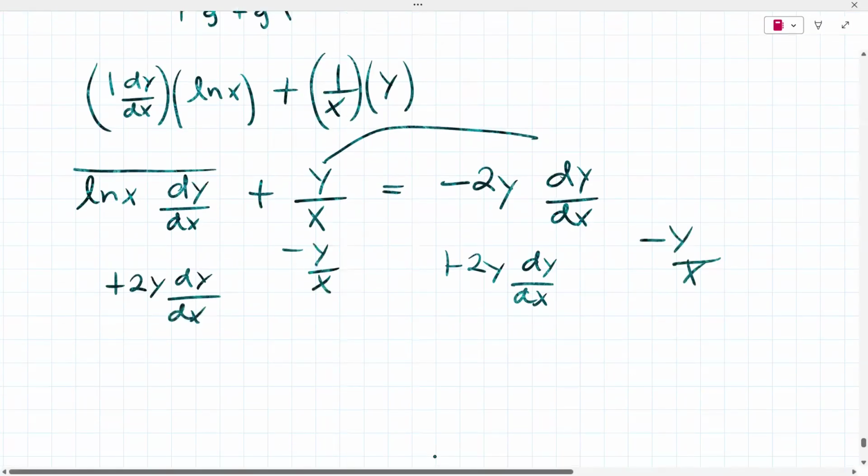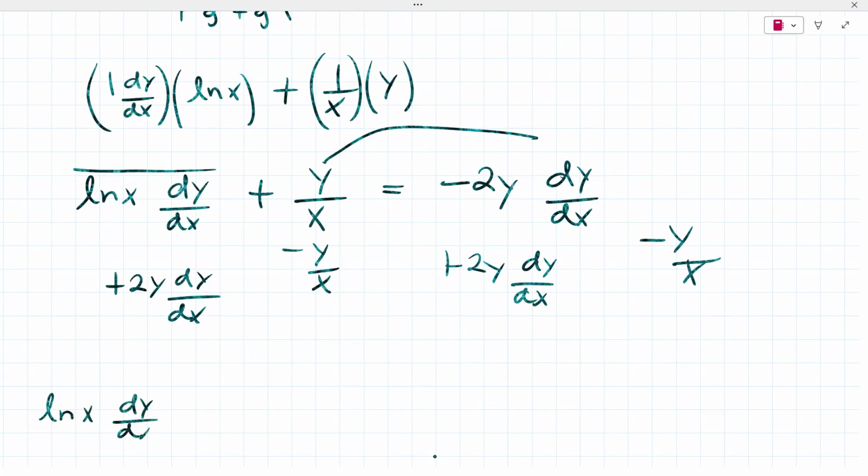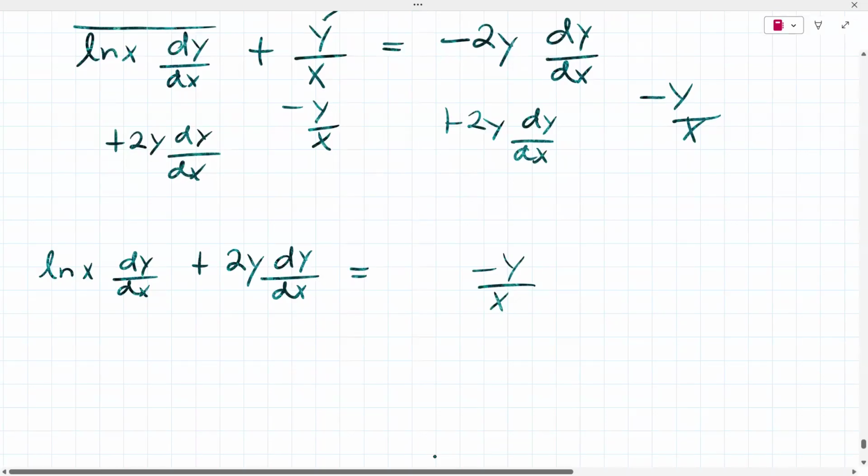So you have ln of x dy dx equals negative y over x. Okay, so that's much better.